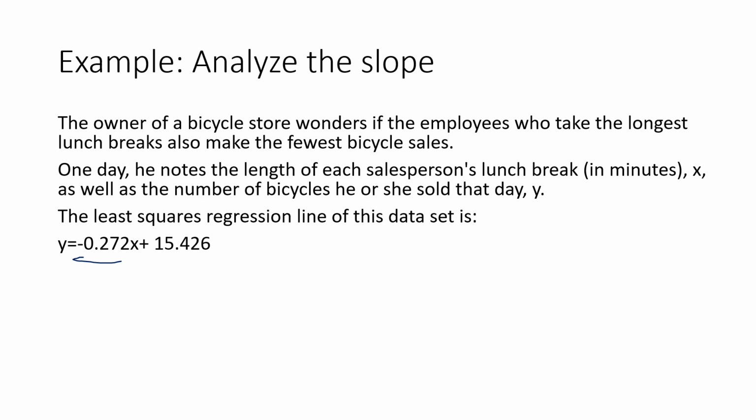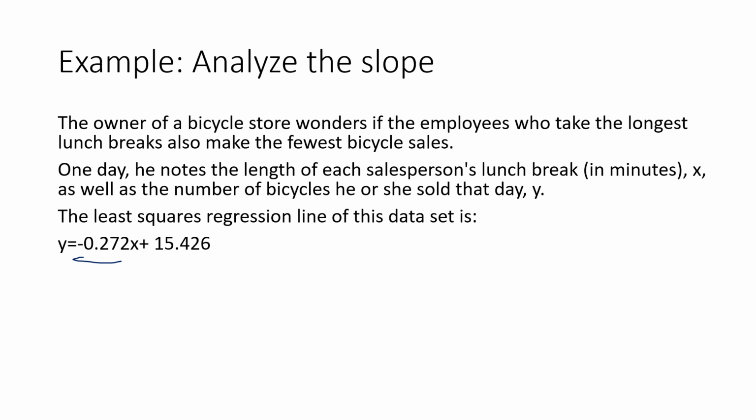So if you are struggling with that, go back to the models that we did, pause, and take notes on that. So I know I have a negative slope. I have an independent variable of lunch breaks, and I know I have a dependent variable of sales of bicycles. So going to step 1, the correlation, I don't have the values or anything like that.